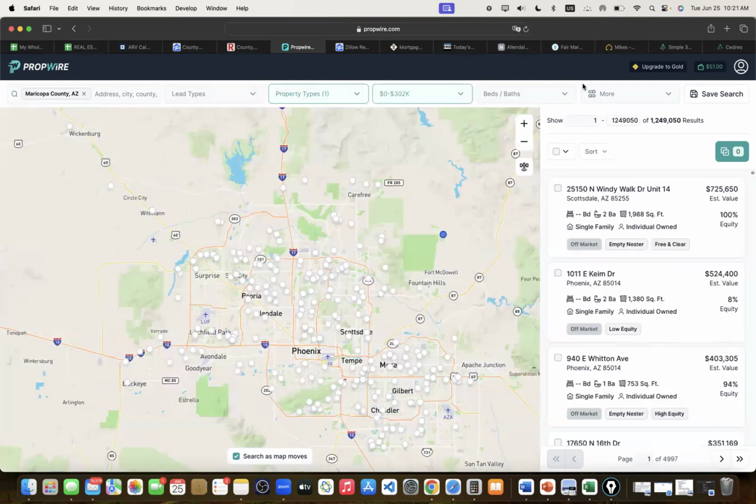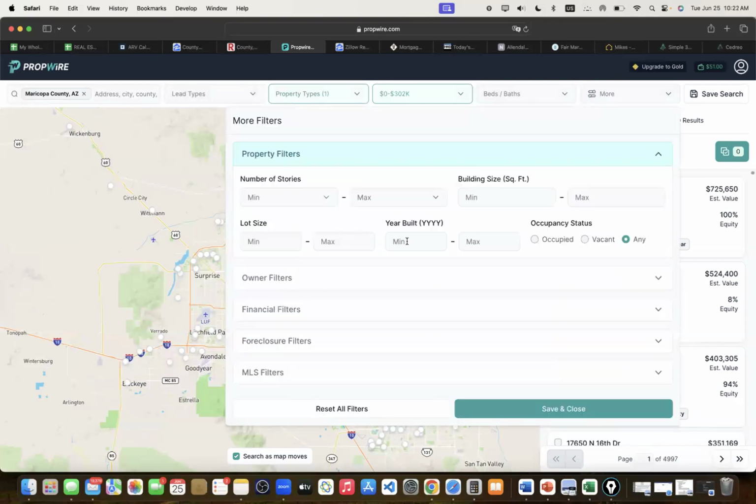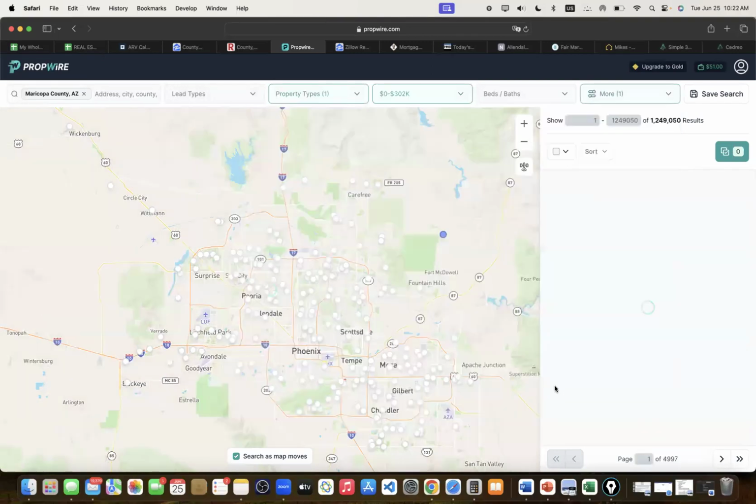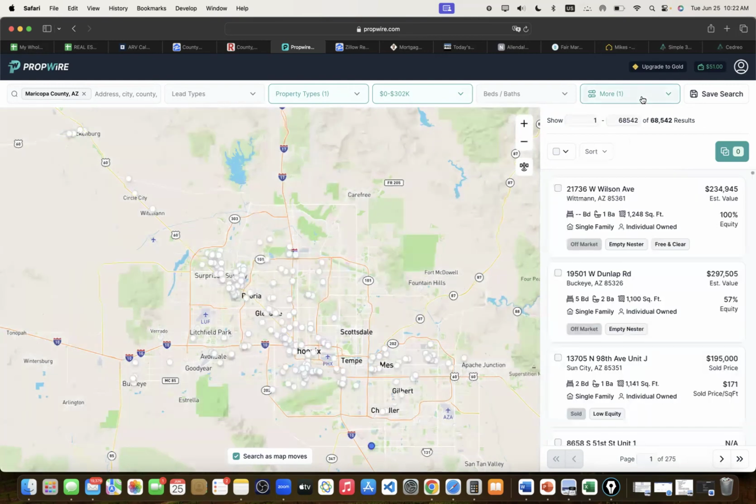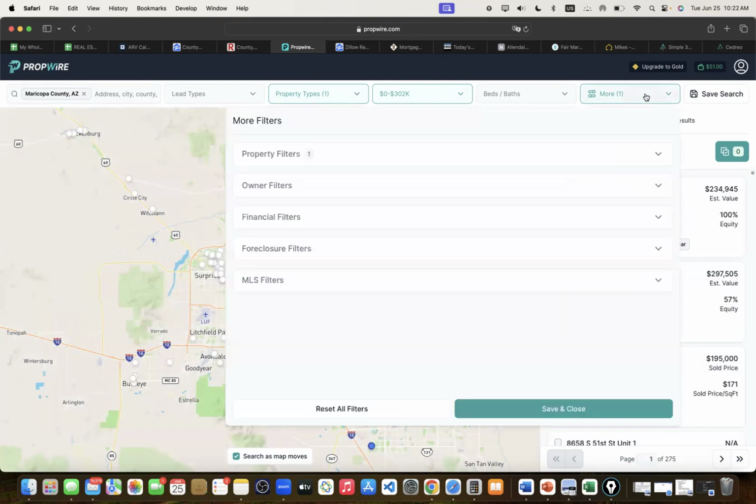Bam. And then let's go for property filters, square footage of the building, 1,000. And then bam. And then the cool thing, all these properties on PropWire that are going to be popping up are properties that are off market. So we have a total of 68,000 results.